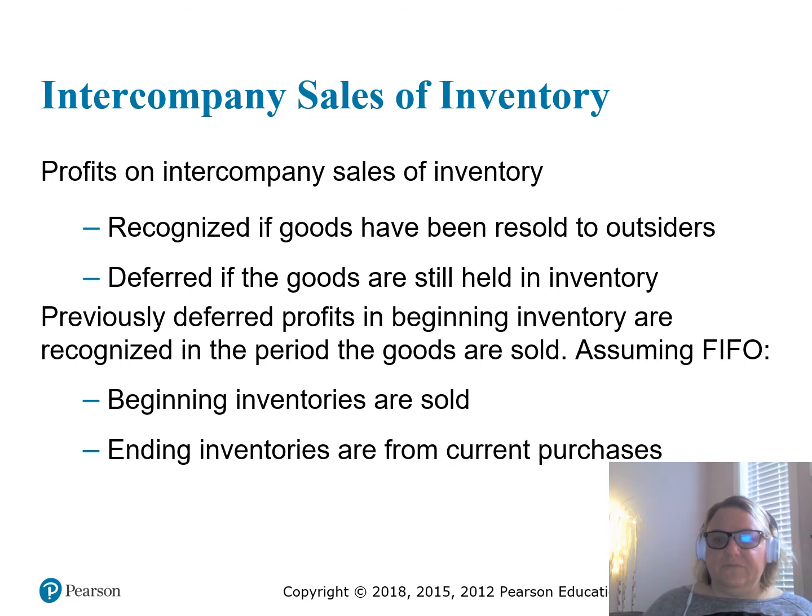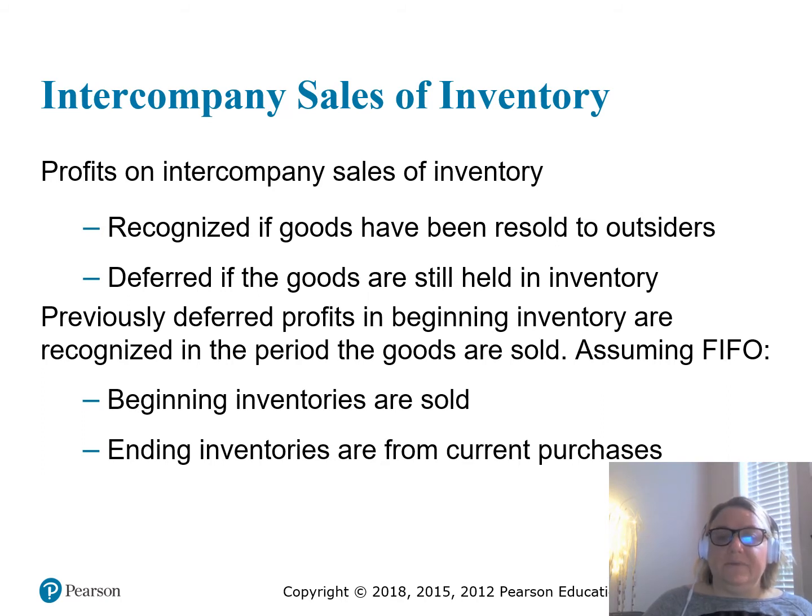You can recognize the profit on this if the goods have been resold to outsiders. So let's say you pair up together and then you sell it outside of both companies. It can also be deferred if the goods are still being held in inventory.